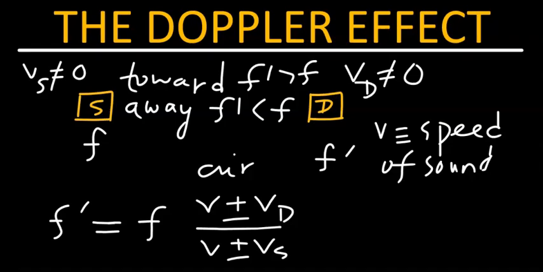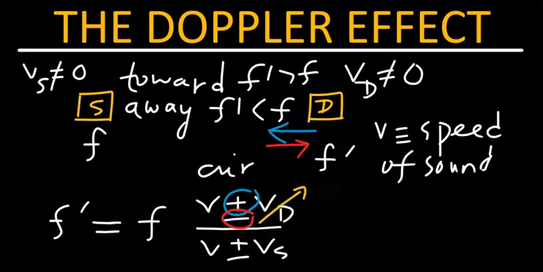Here are some examples. If the detector moves toward the source, use the plus sign in the numerator to get a shift up in the frequency. If it's moving away, then use the minus sign in the numerator to get a shift down. If the detector is stationary, then there is no issue.